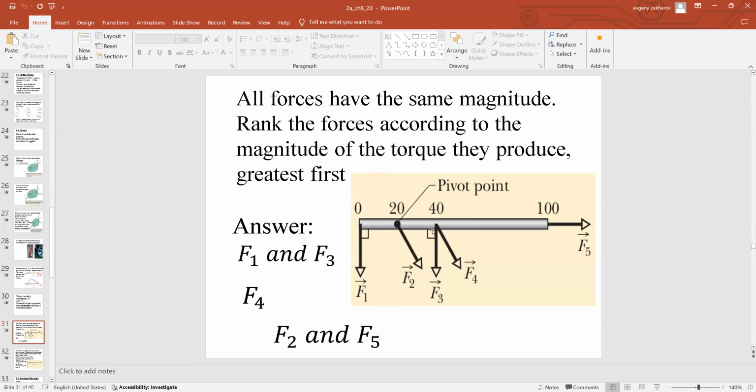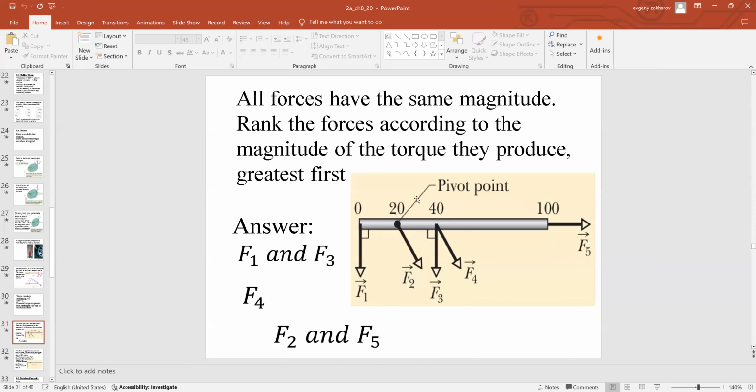F sub 3, that's the line of action. That's the axis of rotation. The smallest distance is 40 take away 20. So you have 20 units for the moment arm. So it's 20 times F sub 3. That's the torque. Is it positive or negative? Well, the kind of rotation is clockwise from F sub 3. So the torque is negative.